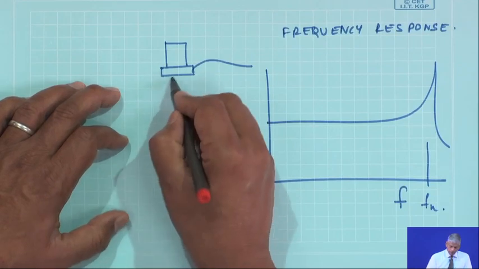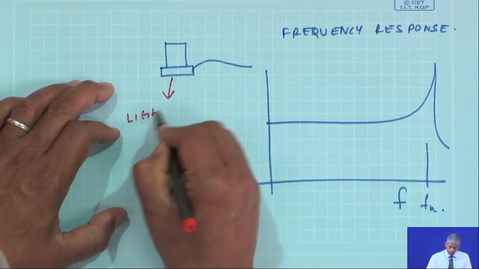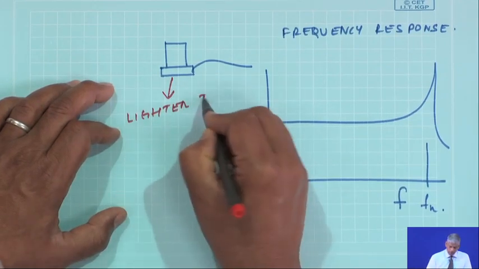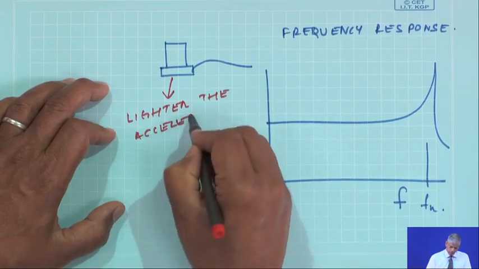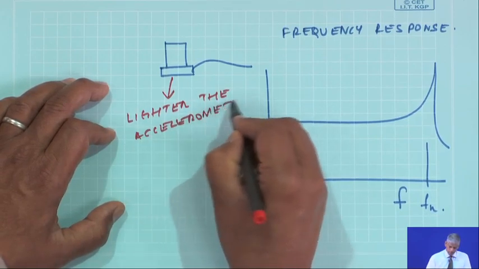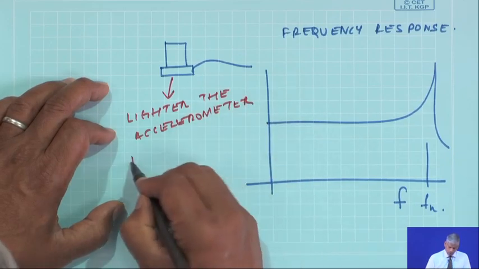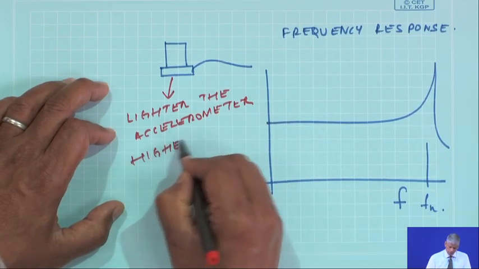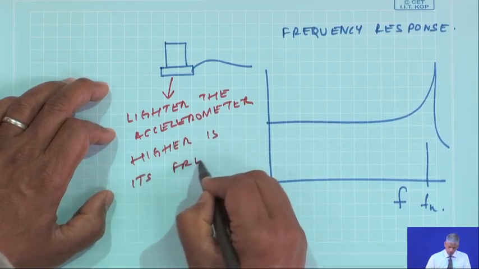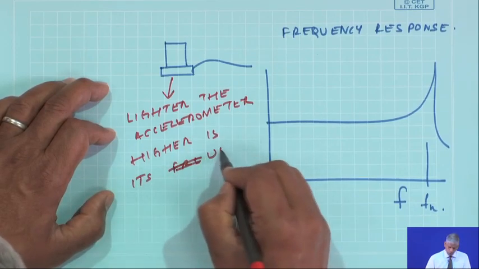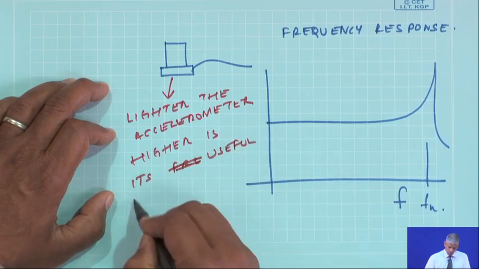The lighter the accelerometer, higher is its useful frequency range.